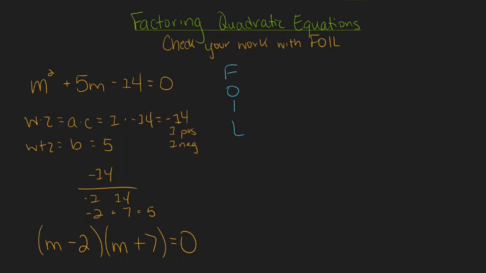Each of the letters of FOIL stands for a different multiplication combination that we need to do. The F stands for the firsts. This tells us to multiply together the very first term of each of our factors. In our case, this means m times m, which gives us m squared.